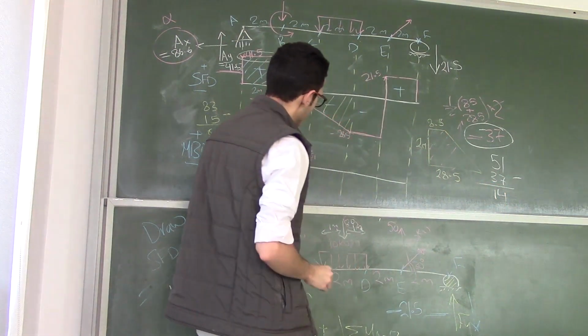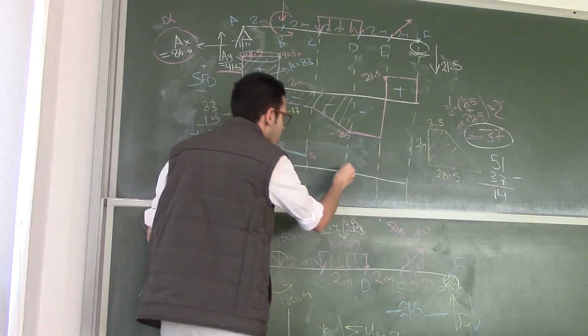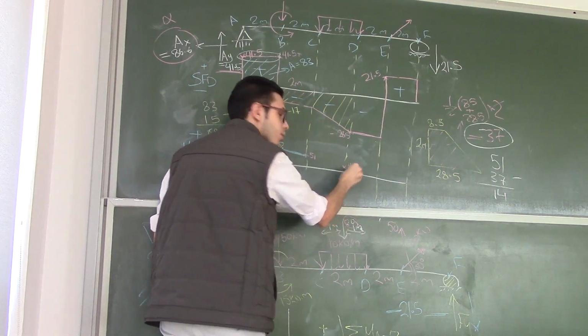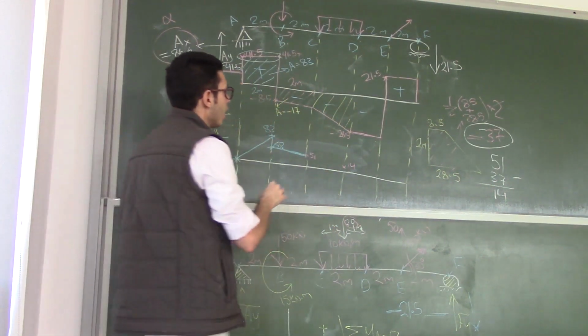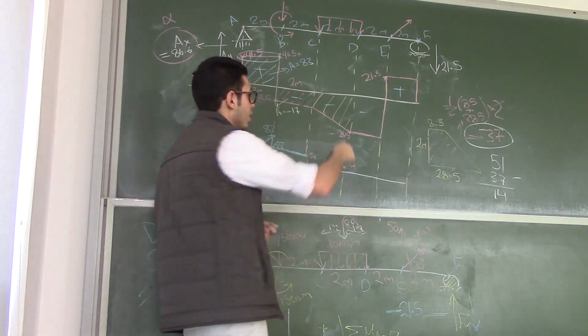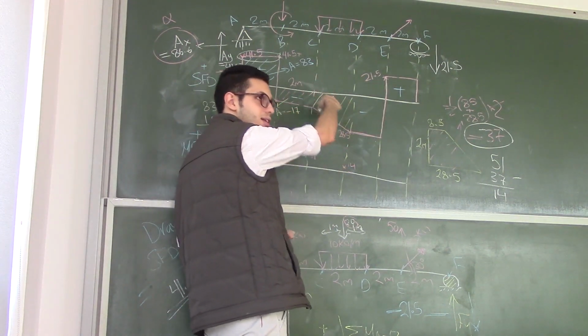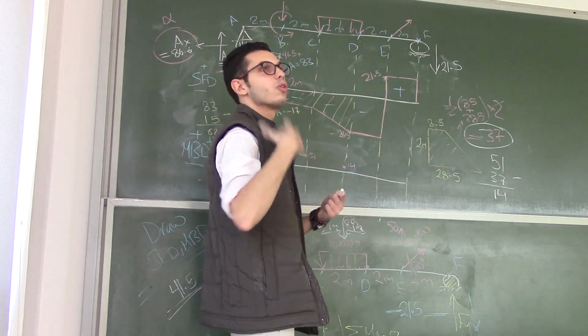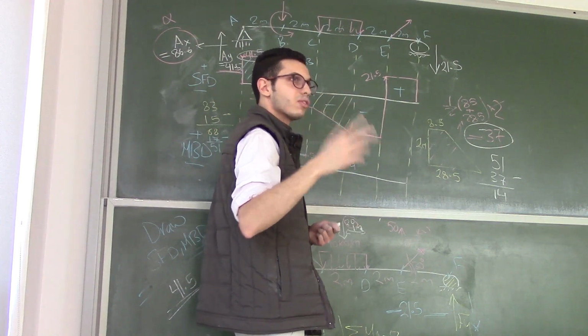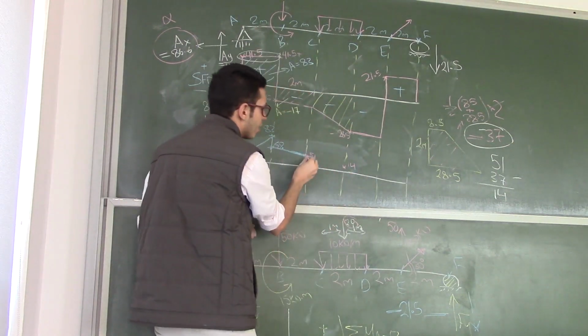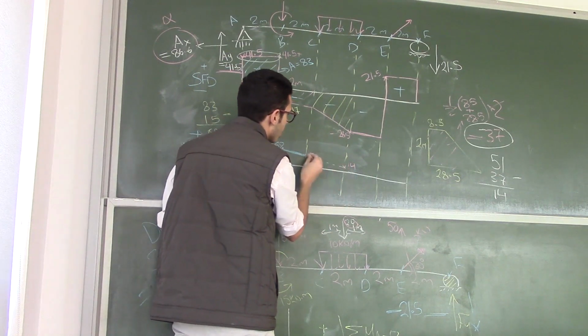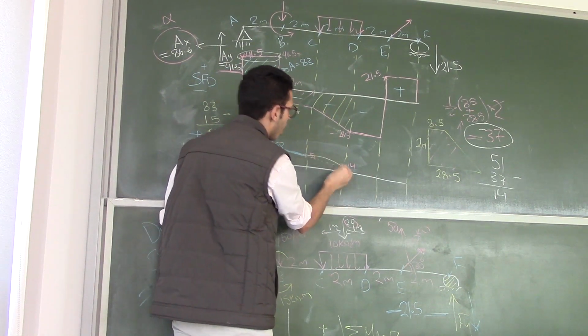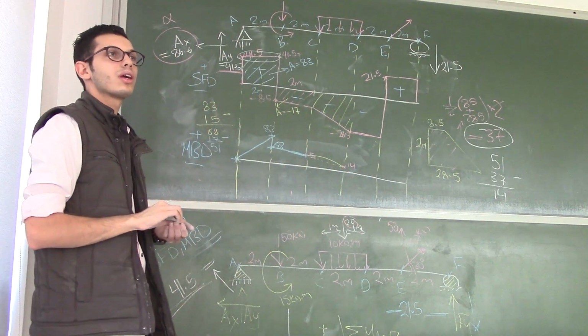So I'm here and I should go to 14. And now the line is a line from first degree, so in the moment it should be a curve from the second degree. So imagine that there is a line and draw a curve up to 14.